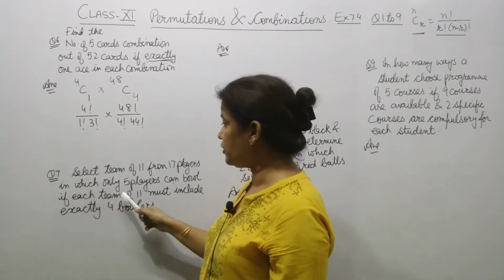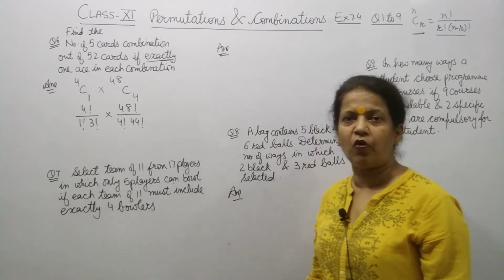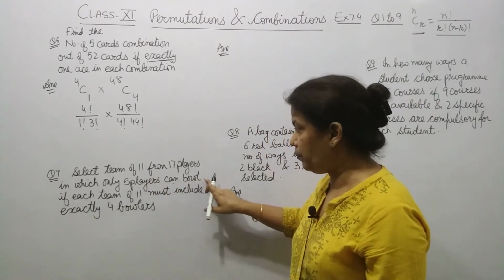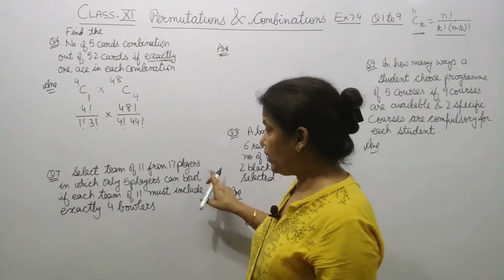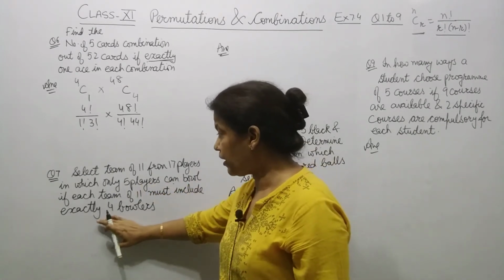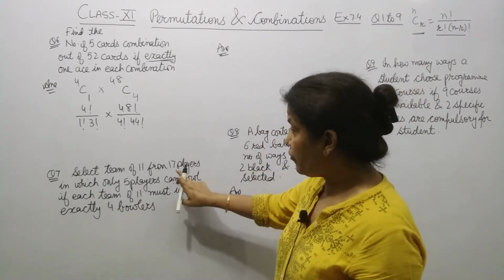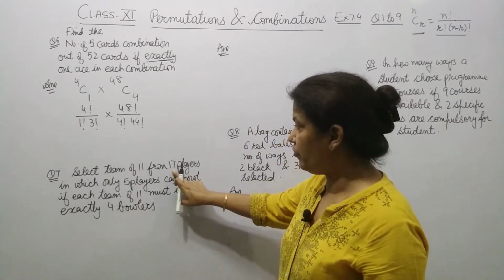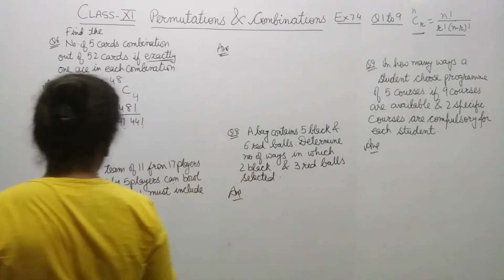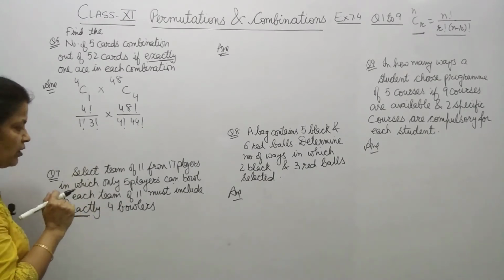Each team of 11 must include exactly 4 bowlers. 5 players can bowl, and out of 5 players you need exactly 4 bowlers. Okay? So from the players you have to select 11 players. And exactly you need 4 bowlers over here.